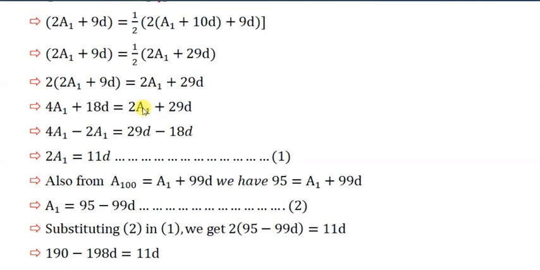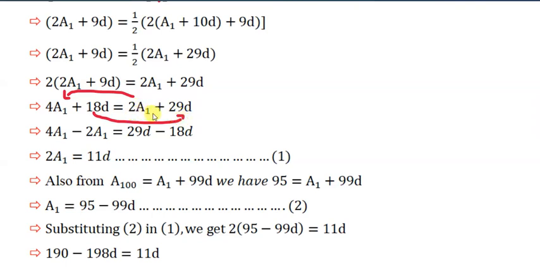Now, if we move this 2a1 to the left, 2 times 2a1 gives us 4a1. 2 times 9d gives us 18d, and move 18d to the right.